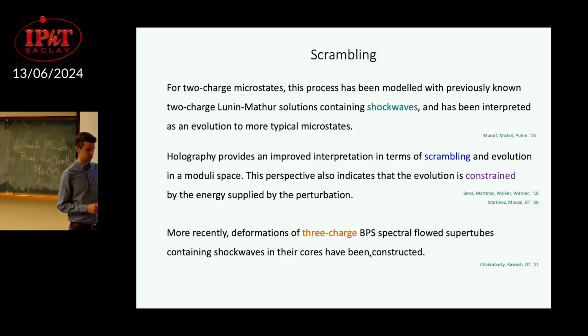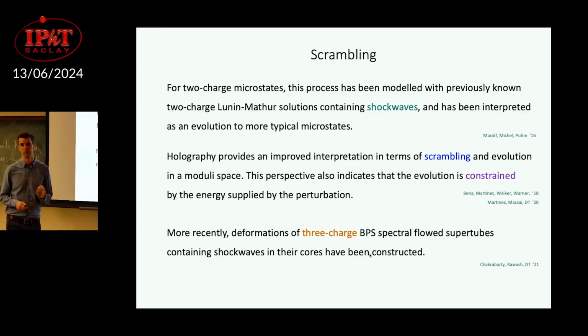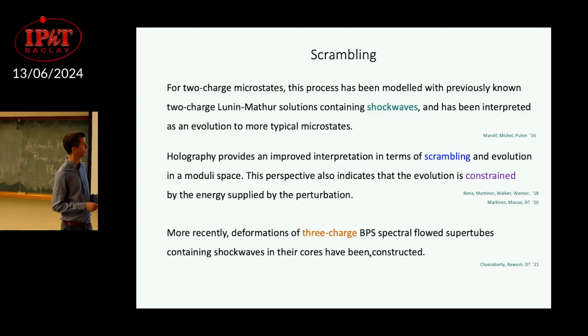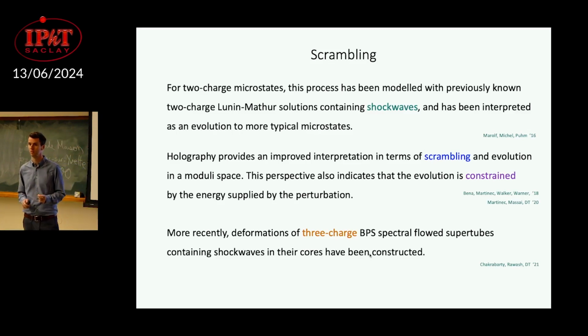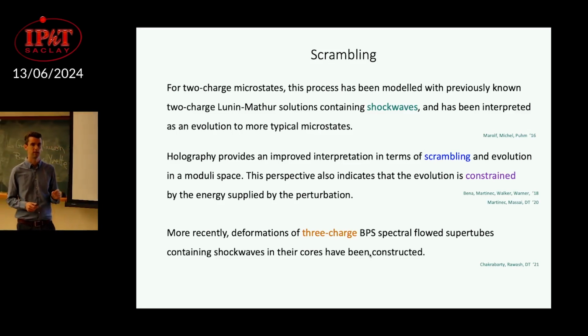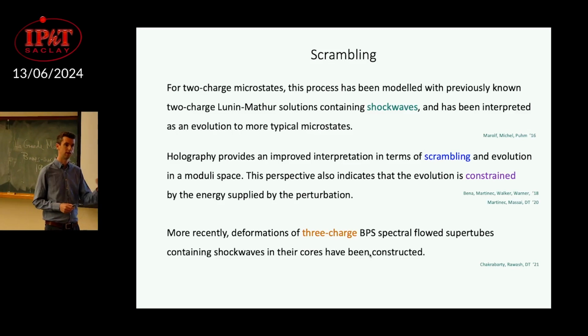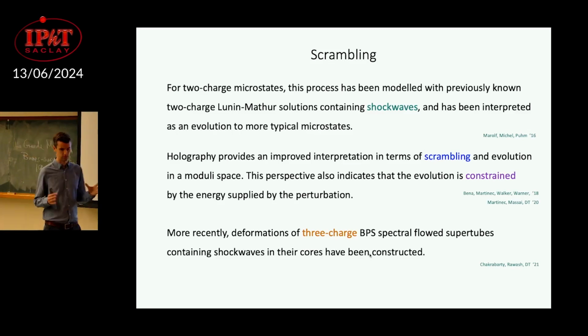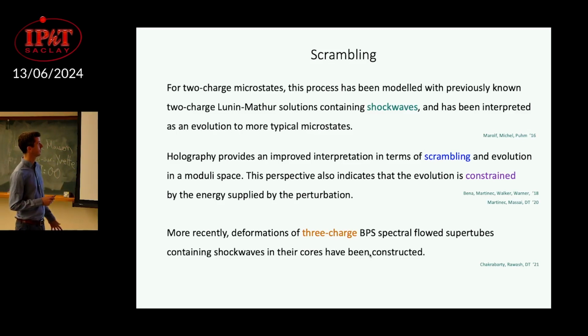There's a story of a few papers here where, firstly, for two-charge microstates, this process was modeled with previously known two-charge Lunin-Mathur solutions involving shock waves, where near this evanescent ergo surface, you model the back reaction of such a probe by a smeared shock wave. This has the effect of reducing overall the angular momentum of the configuration. This was interpreted as an evolution to more typical microstates.